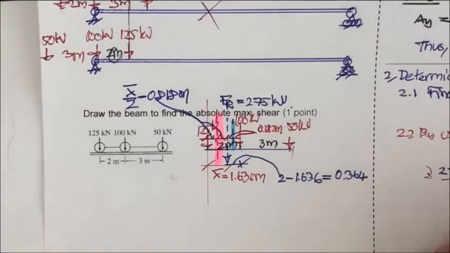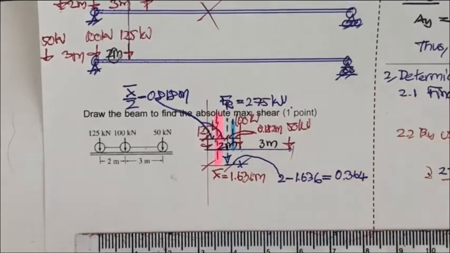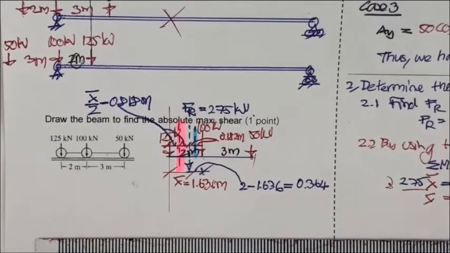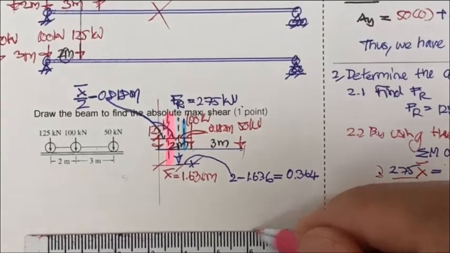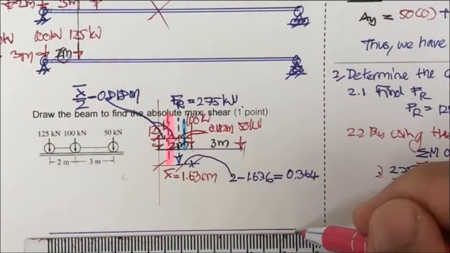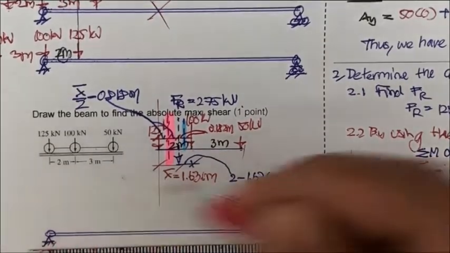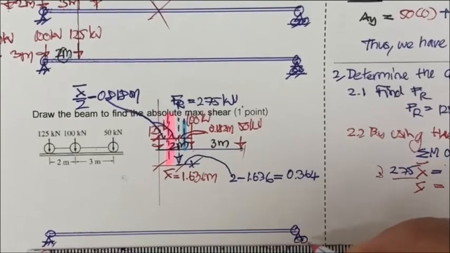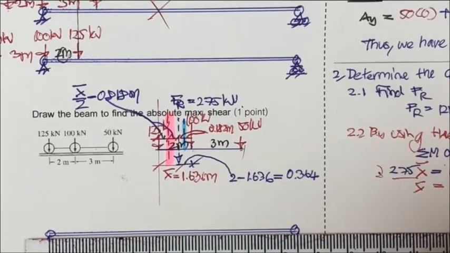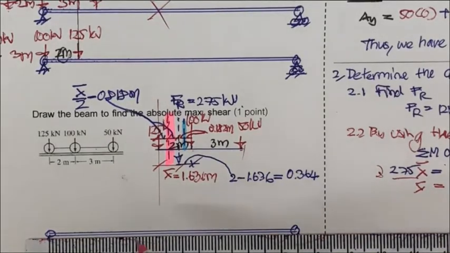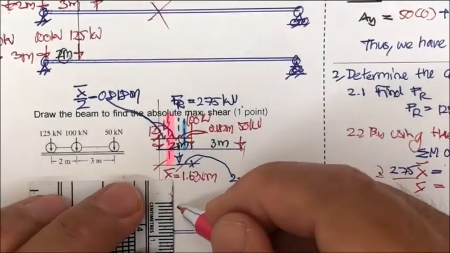And for that, we're going to consider the case 1. Let us consider the case 1. For the case 1, let us draw the beam again. We have the pin here, we have the roller here, and we're going to divide the beam into half at this point.